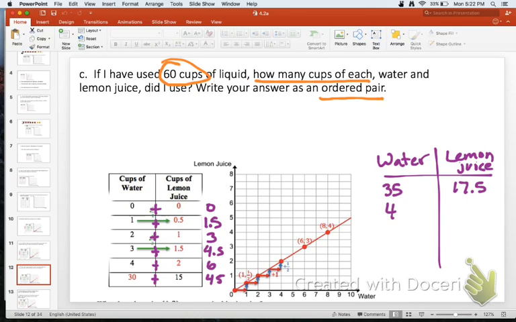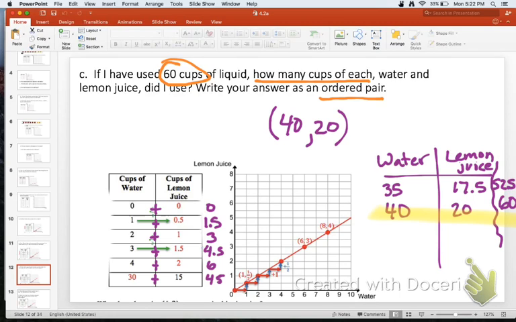Well, that's not enough because that only gives me 52.5. So now 40 times a half gives me 20, and that gives me a total of 60. So now I found what my amount is going to be. I need to write it as an ordered pair. Parentheses, comma, parentheses. 40 goes in first and 20 goes in second.